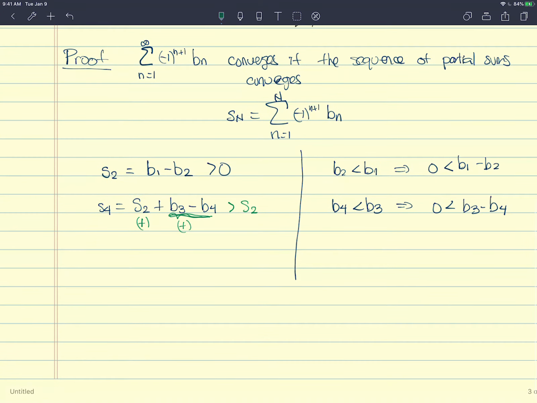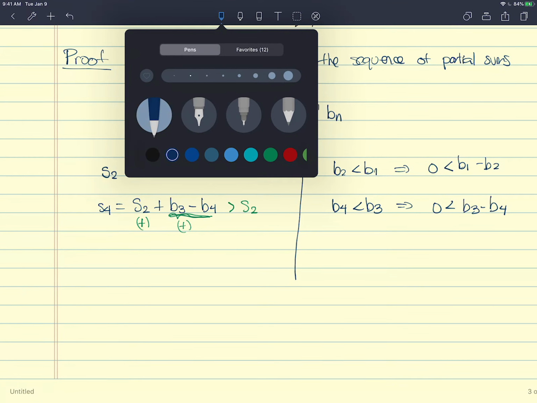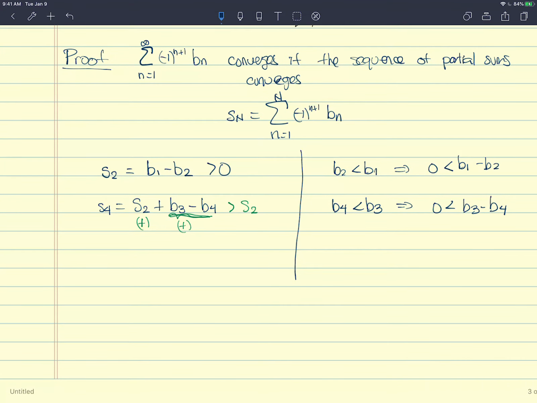So the idea is to keep going like this, and I don't have to do a lot more to convince you guys that if I did it again, of course, S6 would be S4 plus B5 minus B6, but B6 is less than B5, and that tells us that 0 is less than B5 minus B6.